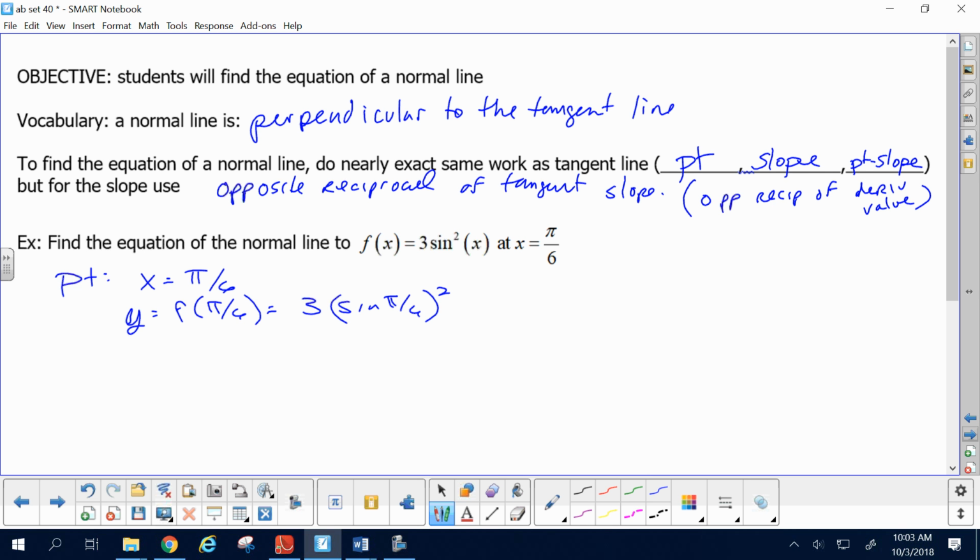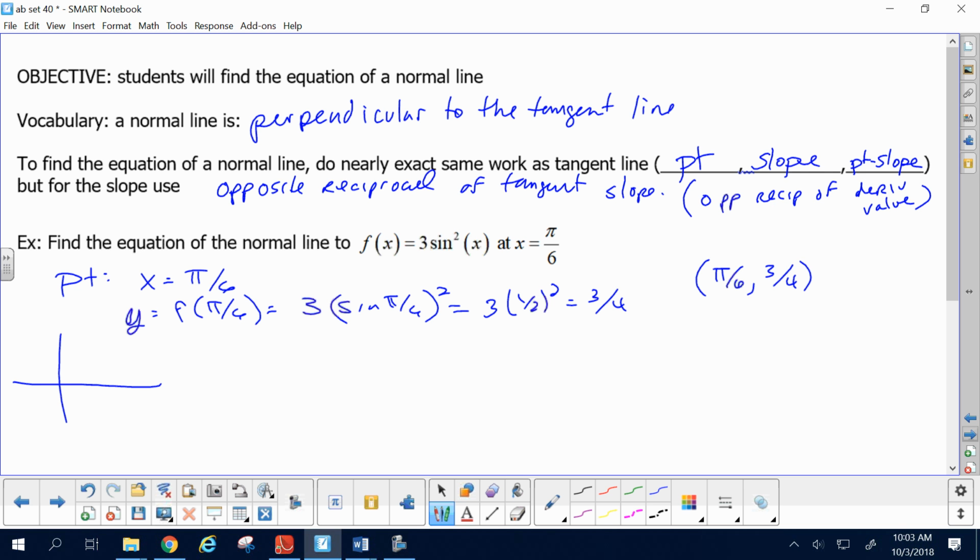What's sine of pi over 6? One half. So that's 3 times a half squared. Therefore, the point is pi over 6, 3/4. That's the point on the curve at which I'm drawing a tangent slope.